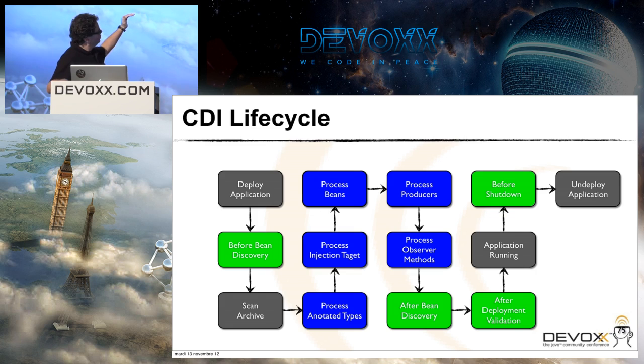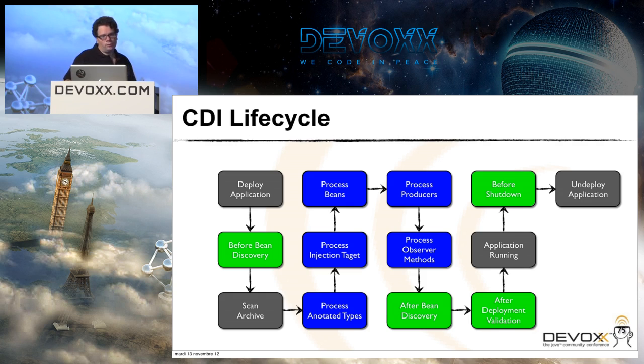So I have a first step before the bean discovery is launched where I can do something. After that, I can work on all the annotated types that are in the application, so all the types that have annotations on them. After that, I can work on all injection targets in the application. After that, I can work on all the beans that are in the process of being integrated in the bean manager.